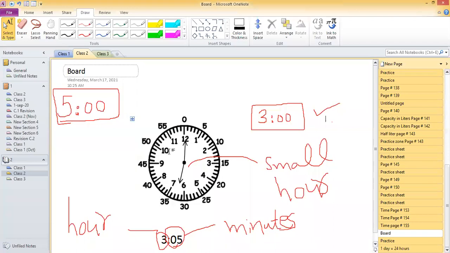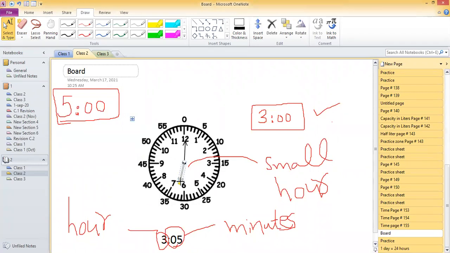In the training clock, where the minute hand is not available, we are just revising the hour hand concept. So we learned that for checking the hour hand, we always check the number before the hand. Like this is the hour hand, what is the number before our hand? That is 6. If it is not exactly at a particular number, then we will check the number before.